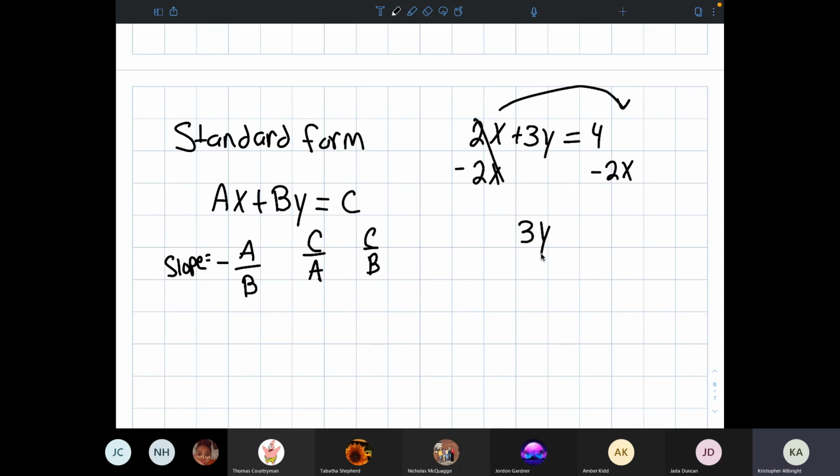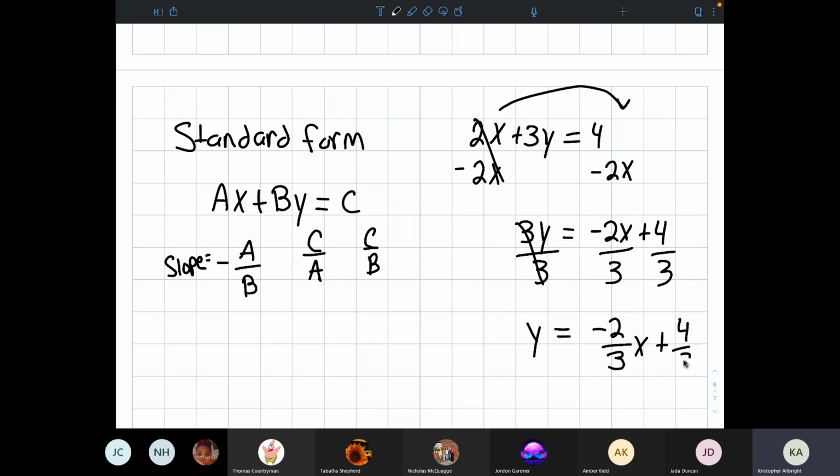I'm going to end up with 3y equals negative 2x plus 4. Now I divide by 3, and anything I do to one side, I do to the other, so I need to do it to every term. So I end up with y equals negative 2/3 x plus 4/3. Slope-intercept form.